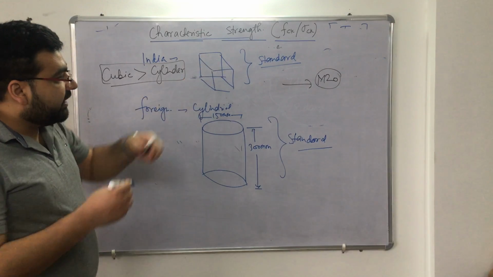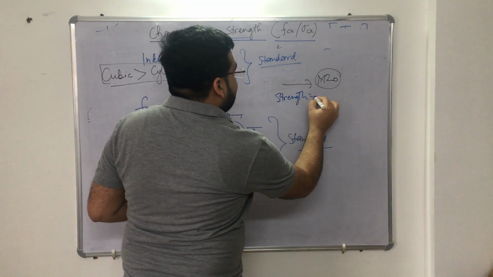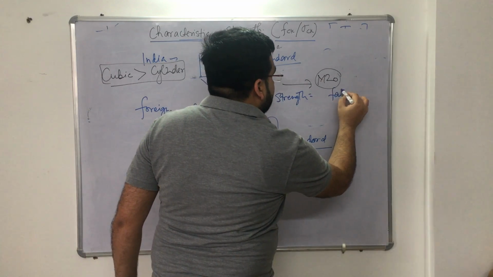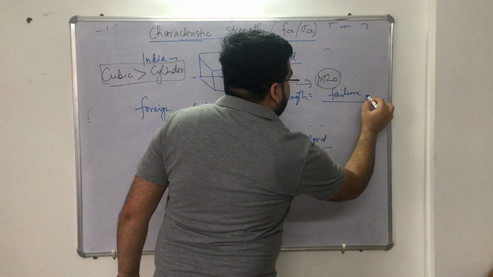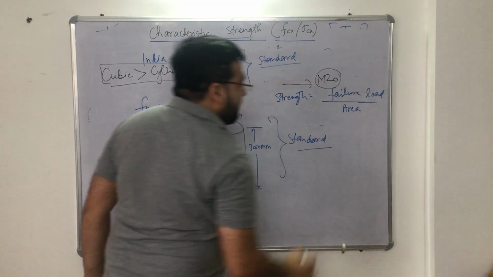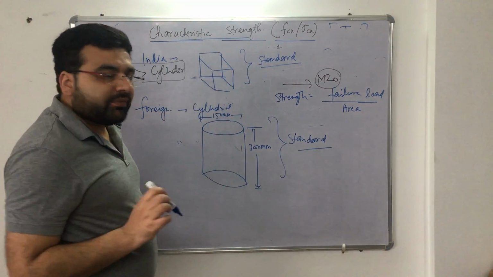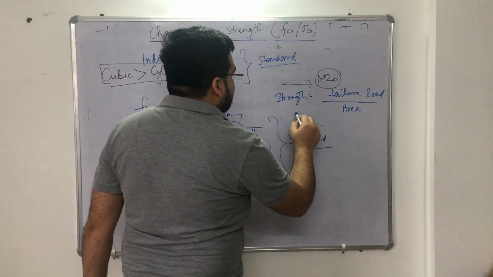what is your strength? Strength will be equal to failure load divided by area. Now let us say here the failure load is P. So here the strength will be equal to fck.